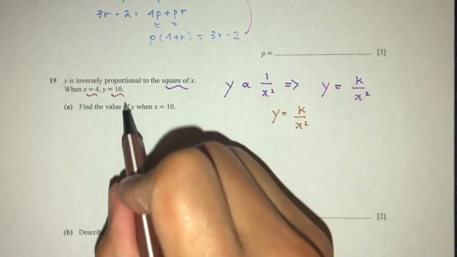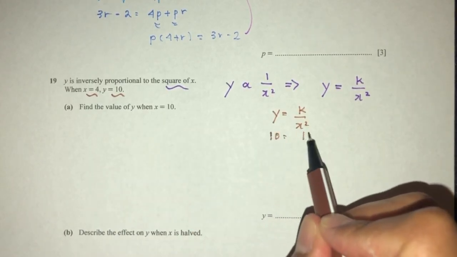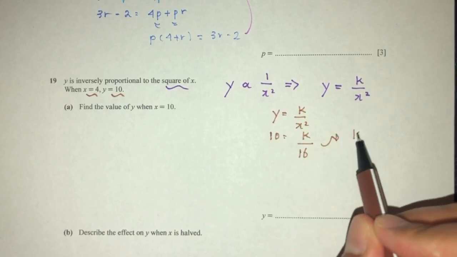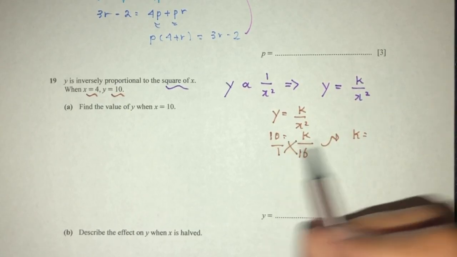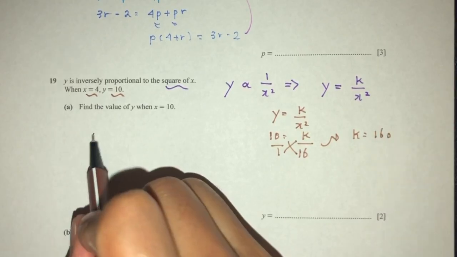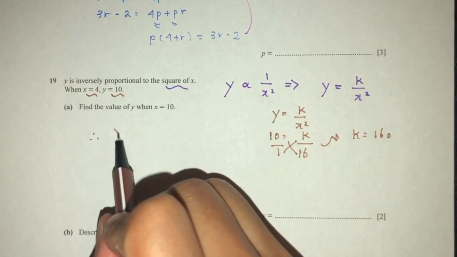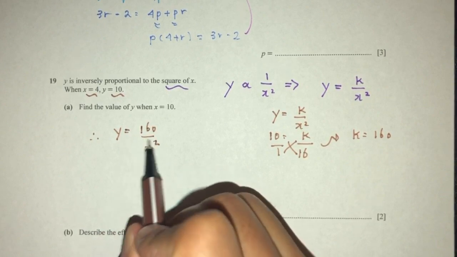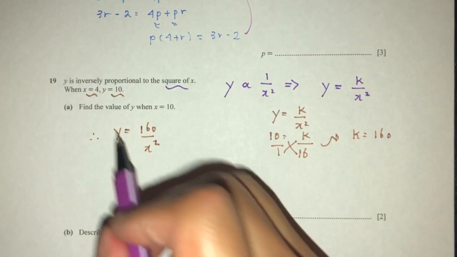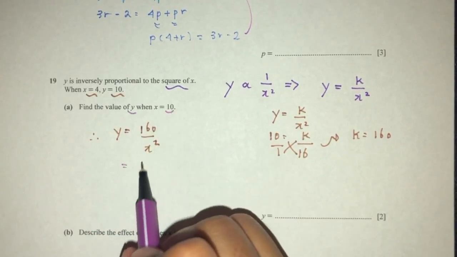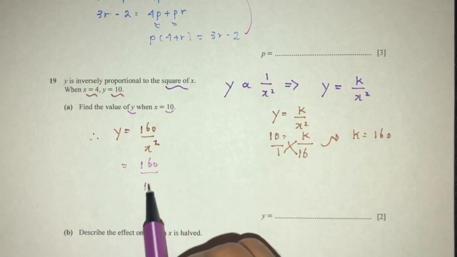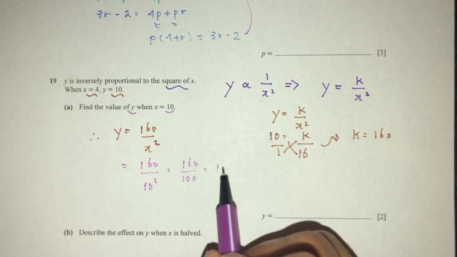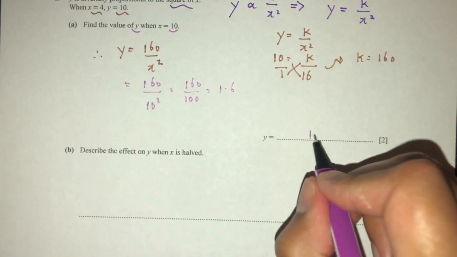So when the value of y is 10, k is k, x is 4, 4 squared will be 16, which means k will have to be, we cross multiply, 160. Thus, we know our formula is y is equal to 160 over x squared. Now using the same formula, we have to find the value of y when x is this, so y will be 160 divided by x squared, that will be 160 divided by 100, that will be 1.6. So y will be 1.6.